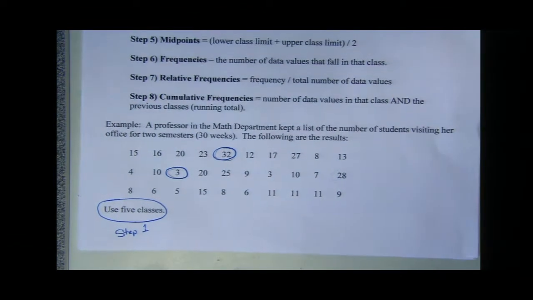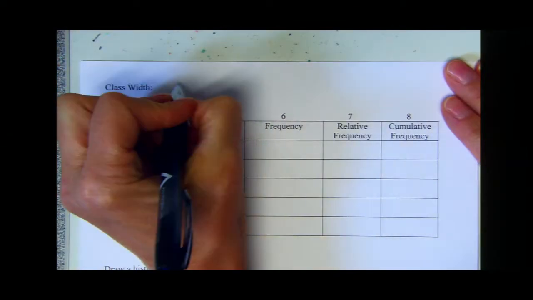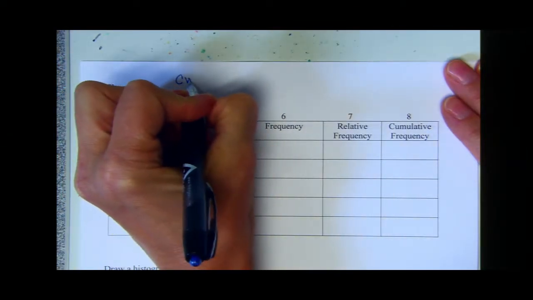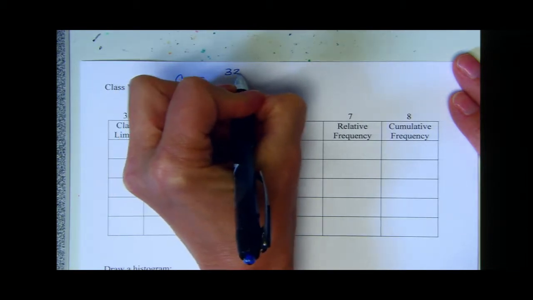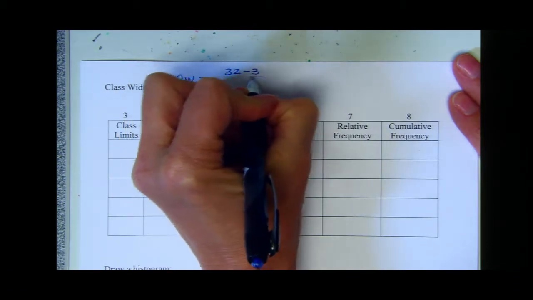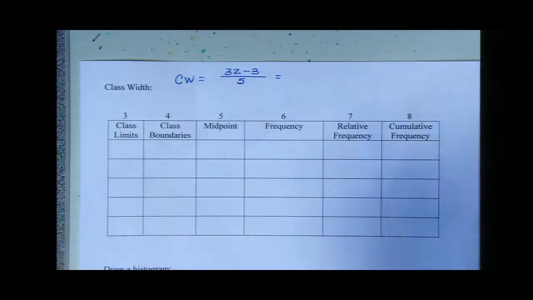Now I'm going to switch over to the next page of notes, because that's where I have class width written. So to calculate the class width, we will take 32 minus 3, and we will divide that by 5. Now be careful when you're calculating this in your calculator.